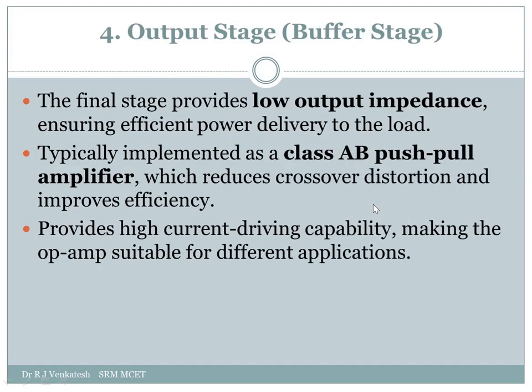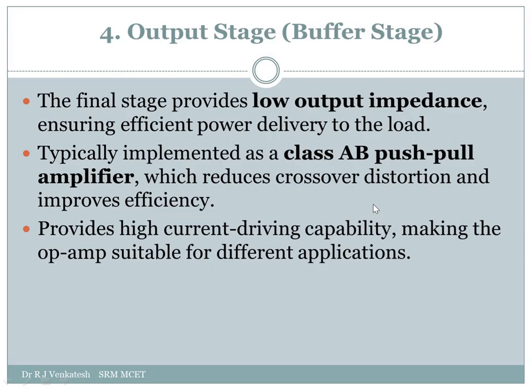The next stage is the fourth stage. It's the final stage of the operational amplifier. The final stage provides low output impedance, ensuring efficient power delivery to the load. It is implemented as a class AB push-pull amplifier, which reduces the crossover distortion and improves the efficiency.